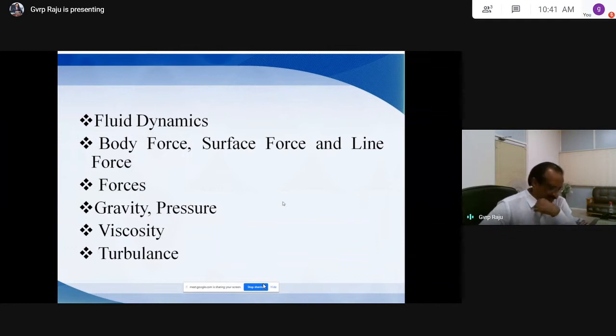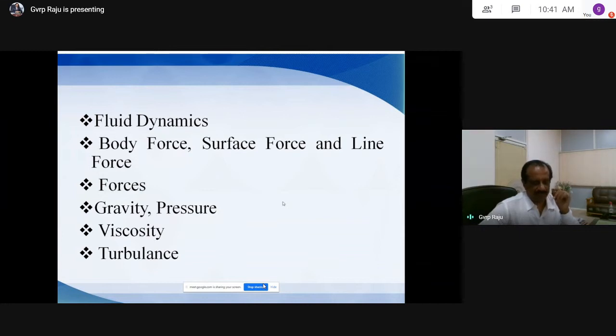Line force is proportional to length. What are the examples for line force?